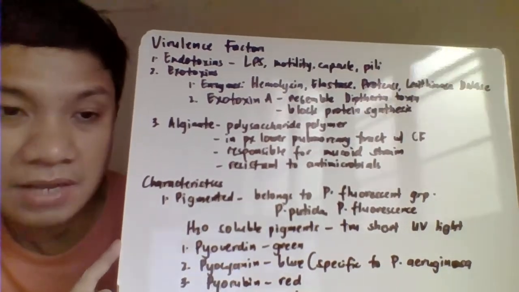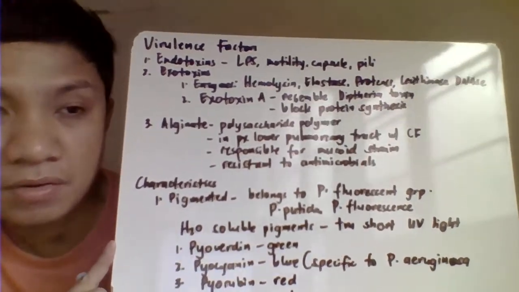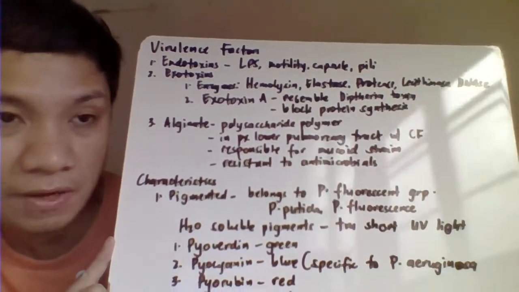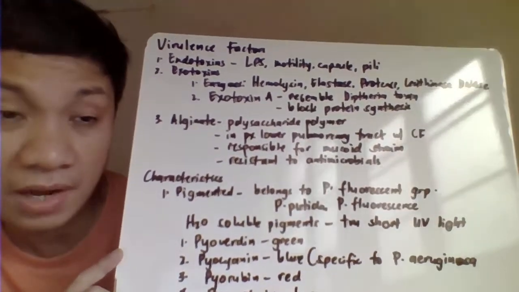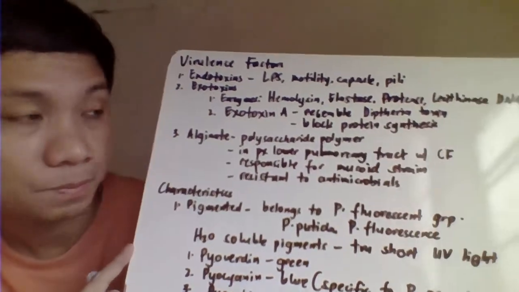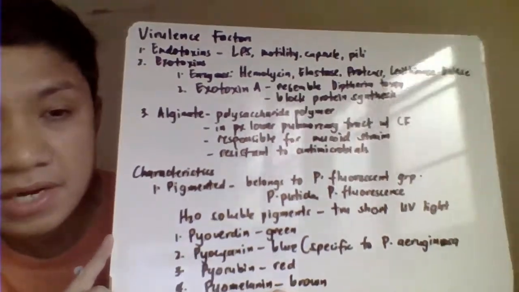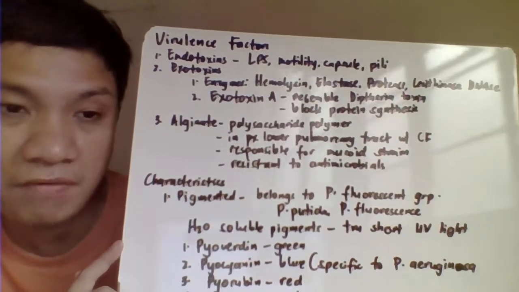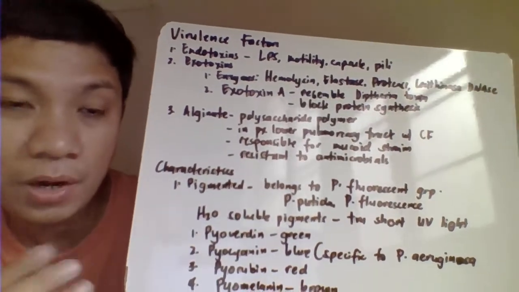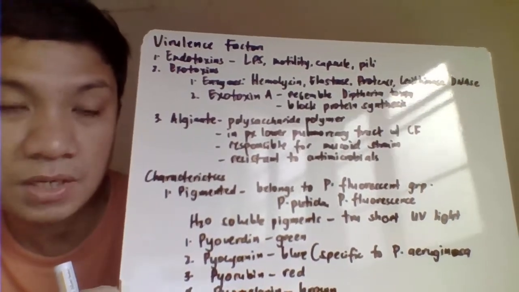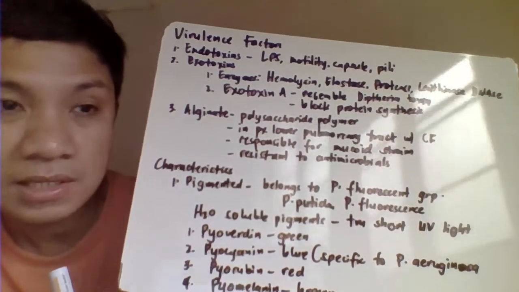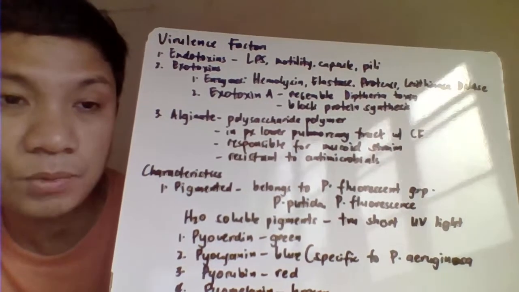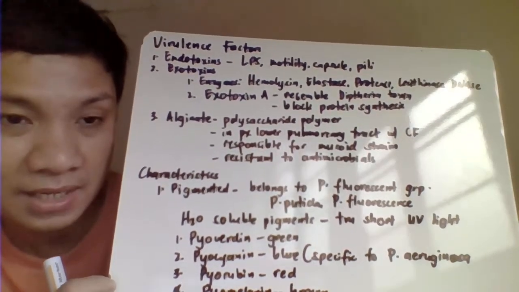Exotoxin A resembles the toxin produced by Corynebacterium diphtheriae, which blocks protein synthesis and therefore causes death and tissue damage of the host tissue. Then some strains of Pseudomonas aeruginosa, especially those recovered from the lower respiratory tract of patients with cystic fibrosis, produce highly mucoid colonies, and those strains produce alginate.